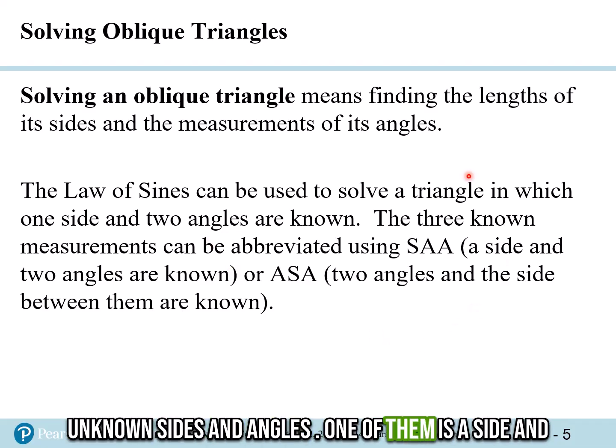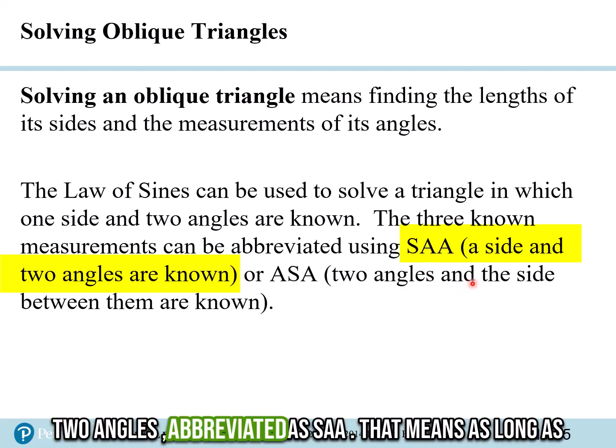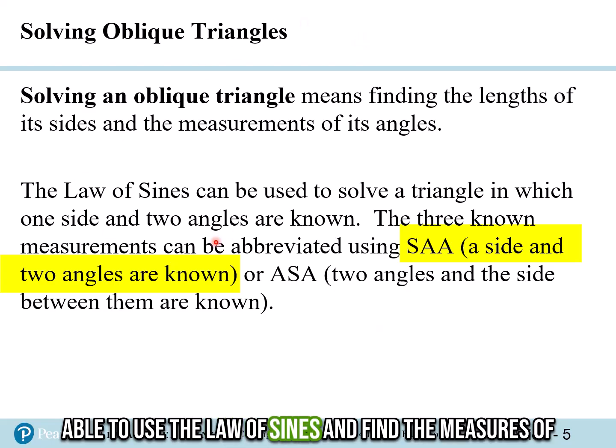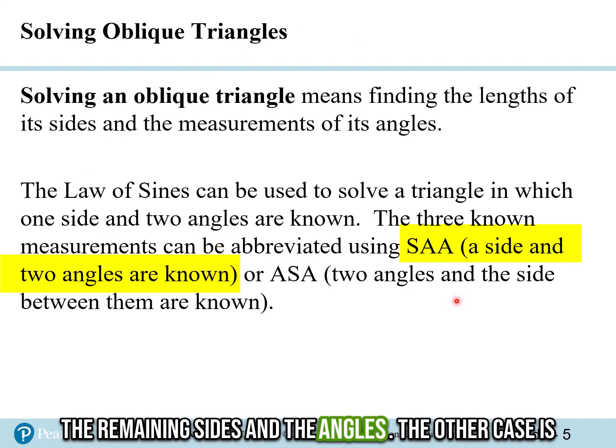angles. One of them is a side and two angles, abbreviated as SAA. That means as long as we are given one side and any two angles, we will be able to use the law of sines and find the measures of the remaining sides and the angles.